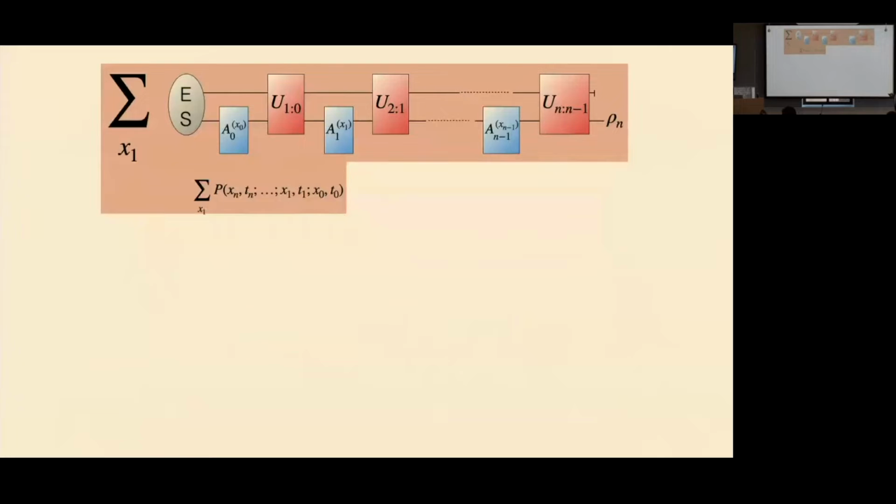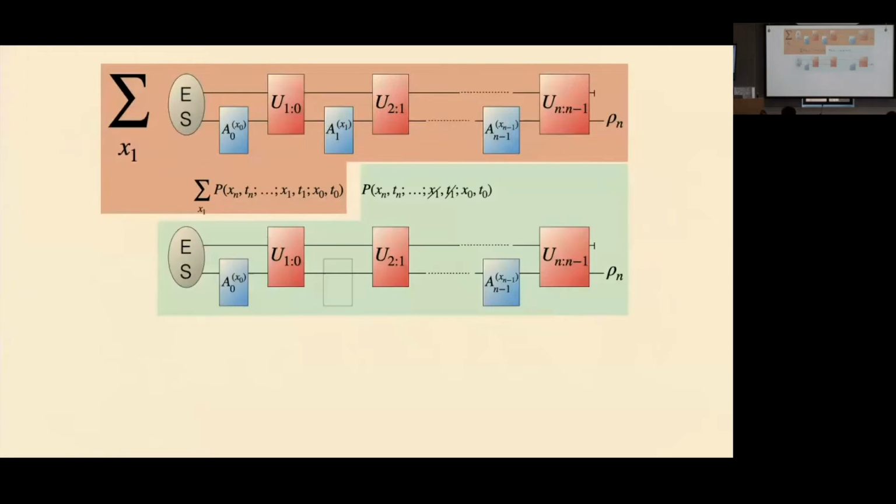The answer is no. And here's the reason. Let's imagine we do an experiment, and I actually don't care about what happens at time step 1. So classically, I could just sum over all possible outcomes at that time step 1. So I might run a sequence of experiments where I do something at time step 1, but I just average over all of the outcomes.